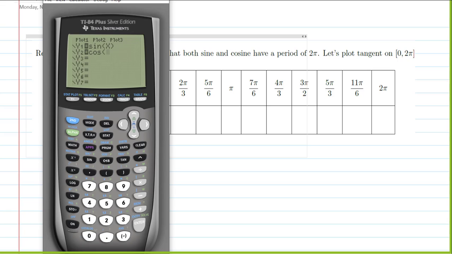I mean, we could just directly do tangent, but then I'm going to do y3 as y1 divided by y2. And hit enter. I'm going to make sure my calculator is in radians, which it is. So then if I go to my table, I have my x's and my y's.